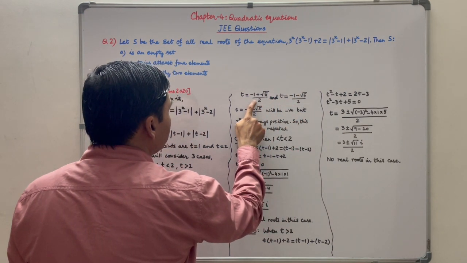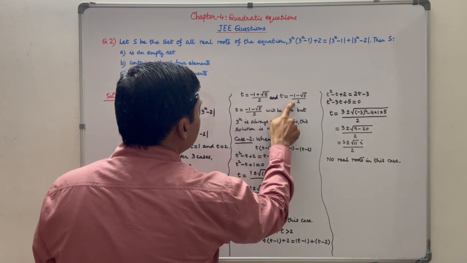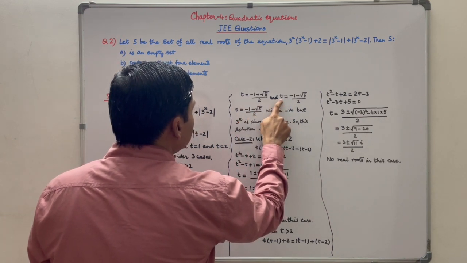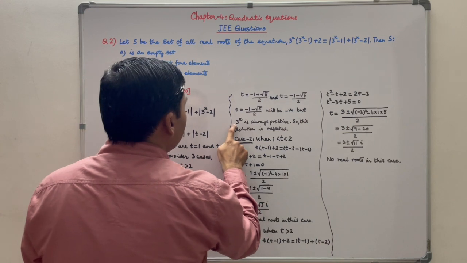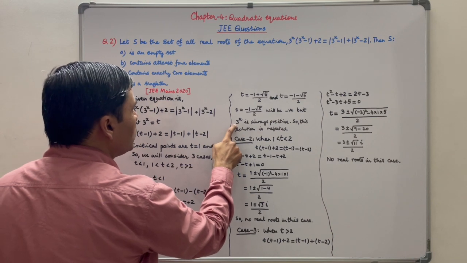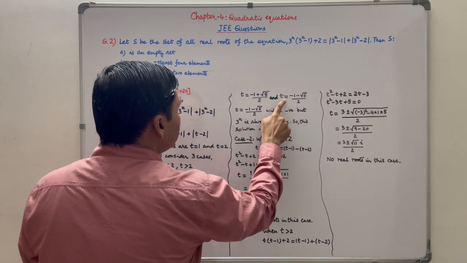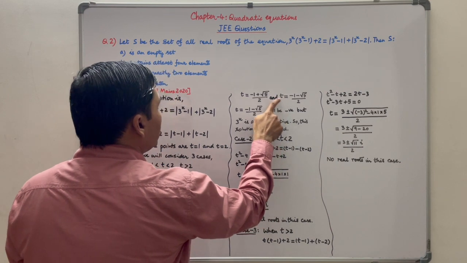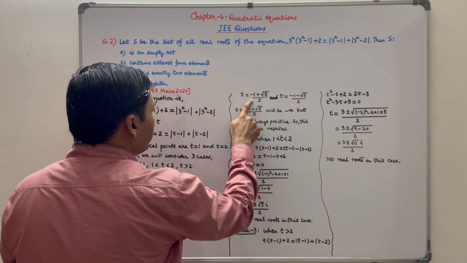This will give a positive value of t and this will give a negative value of t. t = 3^x, and 3^x will always be positive whether x is positive or negative, so its value cannot be negative. So this solution is rejected. We will get only one solution here.